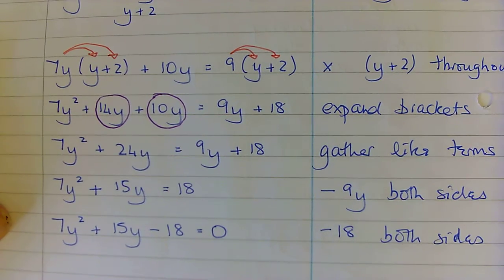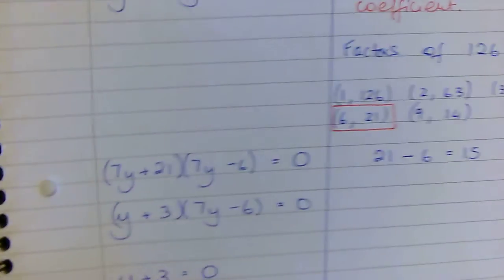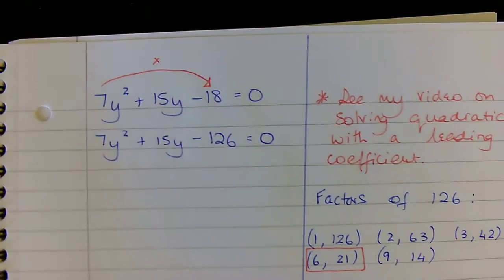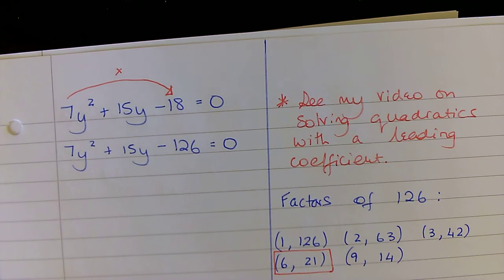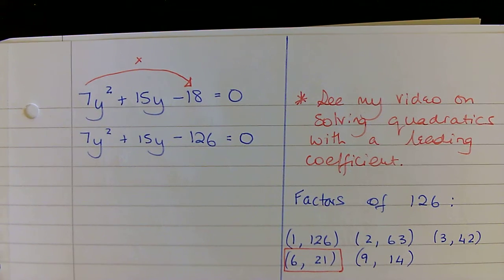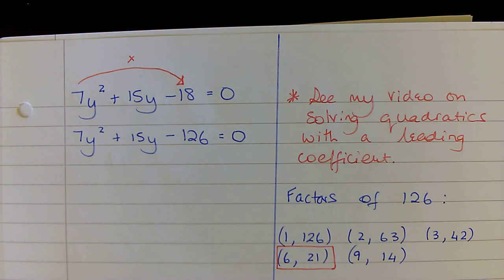Now, to resolve the quadratic, we have to have a look at the methods for solving quadratics with a leading coefficient, and there is a video on this on the channel, but I will just go through it.